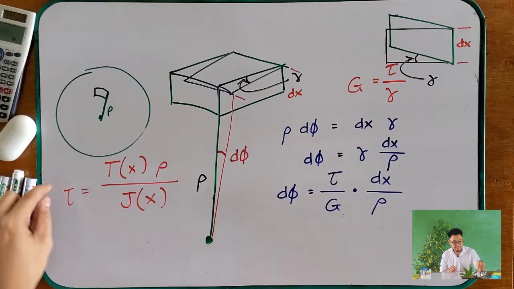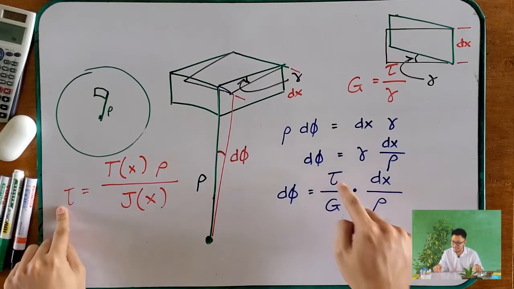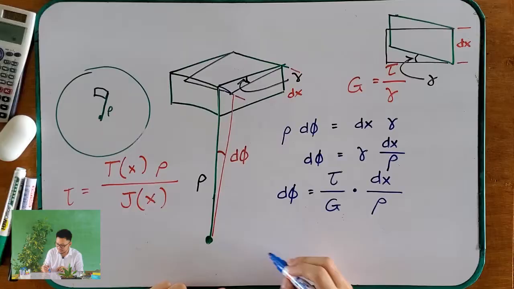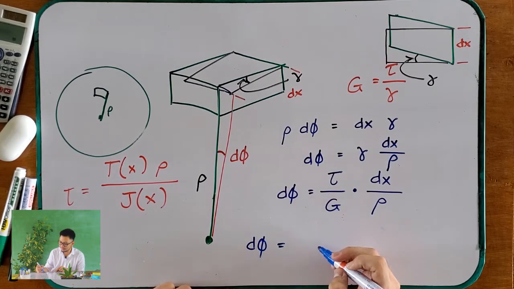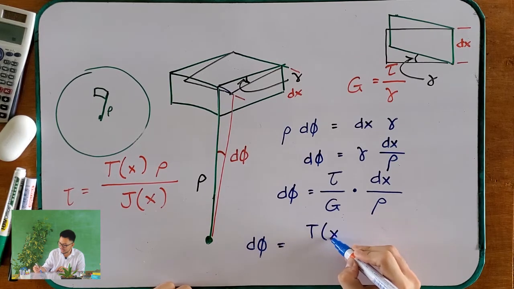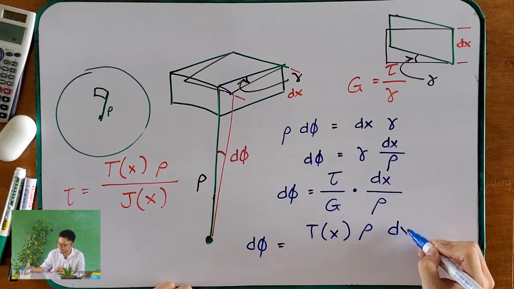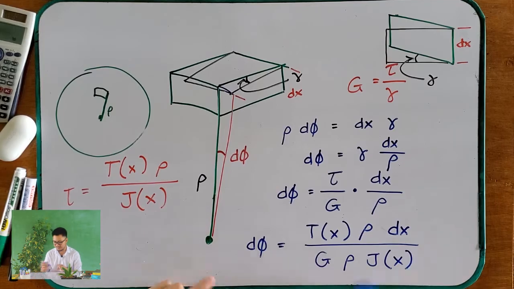So therefore, if we are going to substitute your shear stress right here to here, then we can again further expound this one as d phi is equal to T as a function of x rho dx over G times rho J as a function of x.